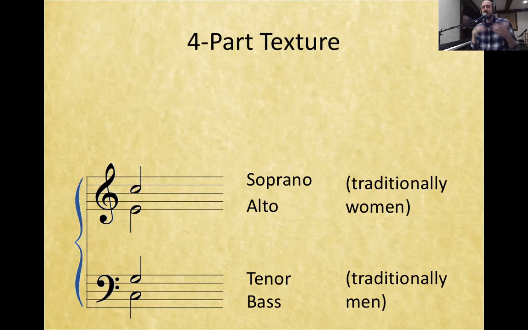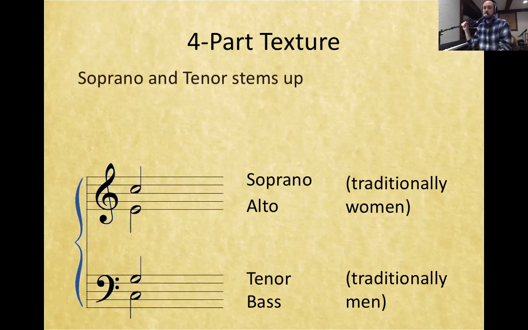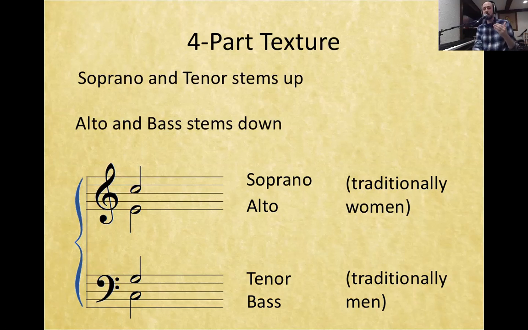So yes, these are vocal parts, and yes, this is very familiar to people who sing in choir, but we're looking at these as a much wider musical identity here. So when we're writing this music for soprano, alto, tenor, and bass, we want to be really careful with our stems, because the stems on the staff are what really tell us who that note belongs to.